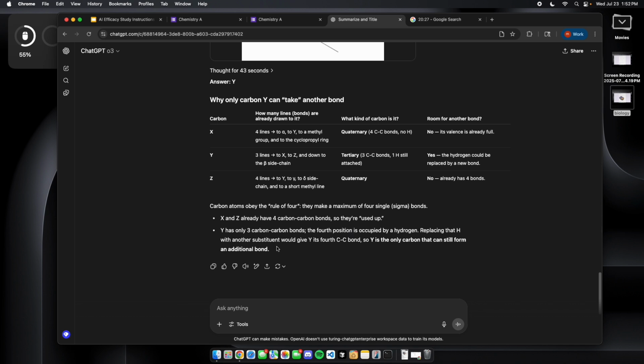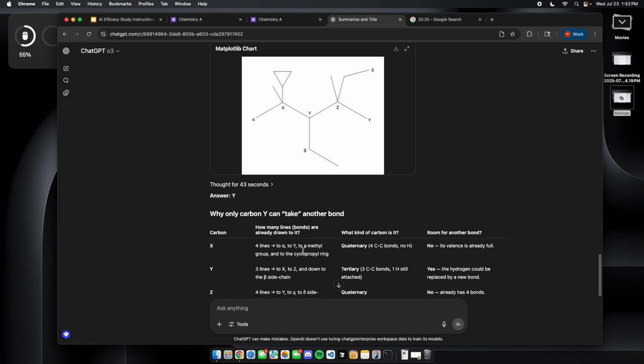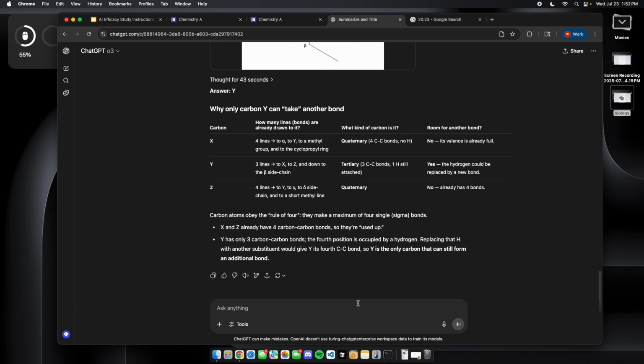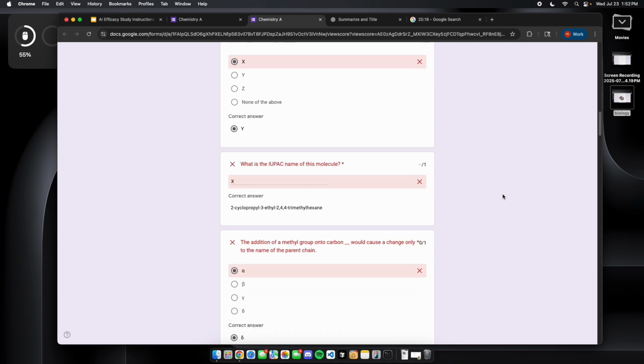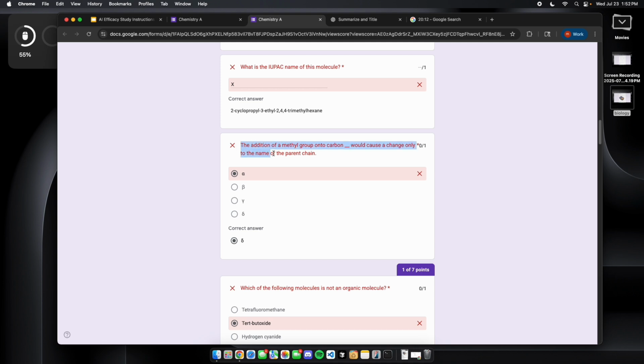Using the H with another substituent would give Y. Okay, let's see. The addition of a methyl group onto carbon blank would cause change only to the parent chain.